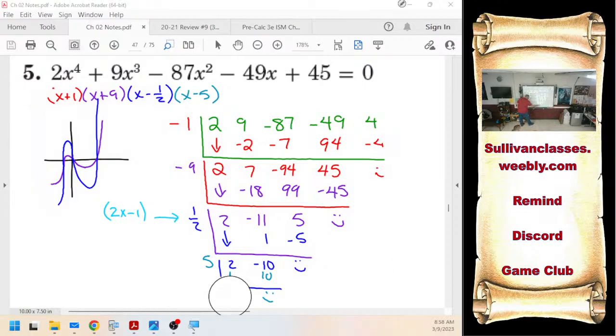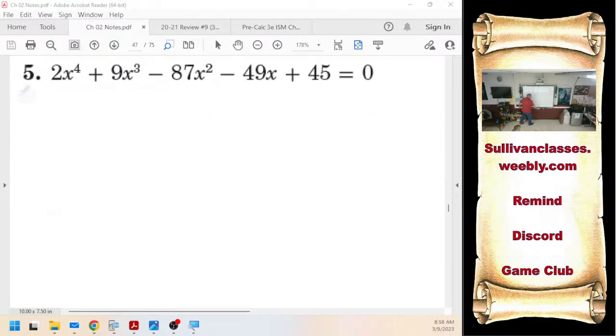Factoring. We've seen quadratic form a few times now. Does anyone see a quadratic form in here?